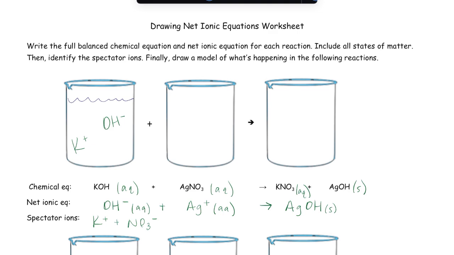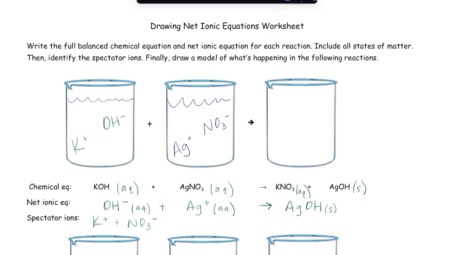So because potassium hydroxide has 1 potassium for every 1 hydroxide, we want to make sure that's what we draw in the beaker. For the next one, we're going to have silver and nitrate as our ions in the beaker. Now, if in a different example, you had 2 nitrates, then you would write 2 of the NO3s in there.